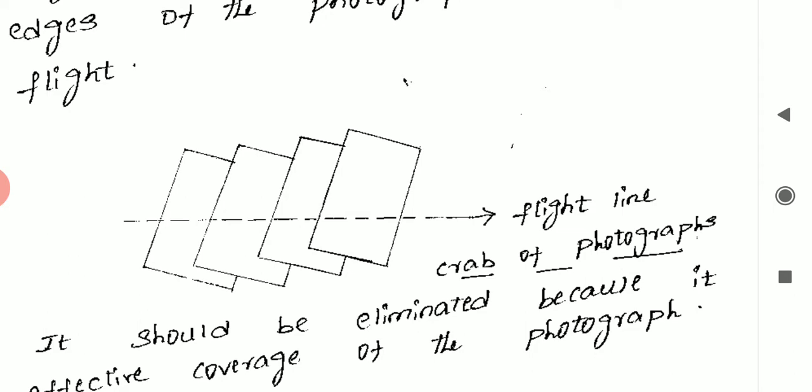The figure shows the crab of photographs along one flight line. It should be eliminated, as it reduces the effective coverage of the photograph.